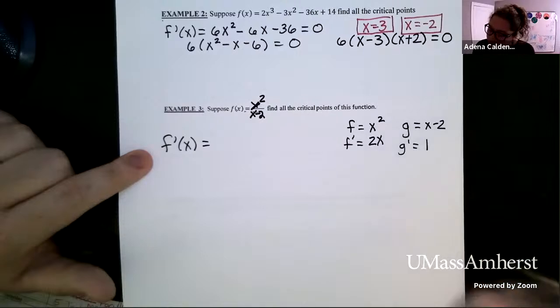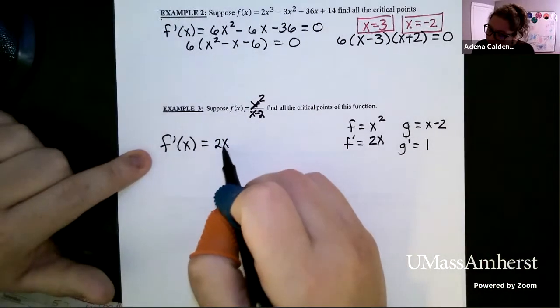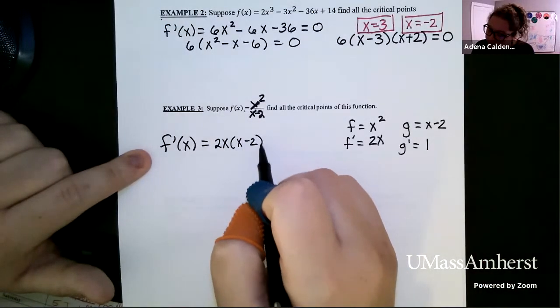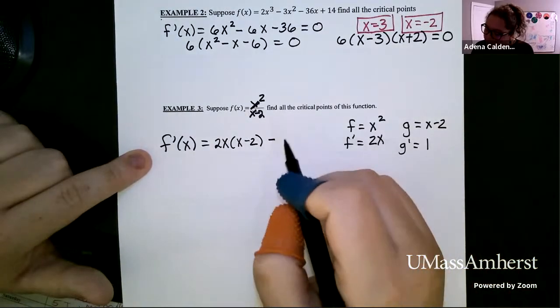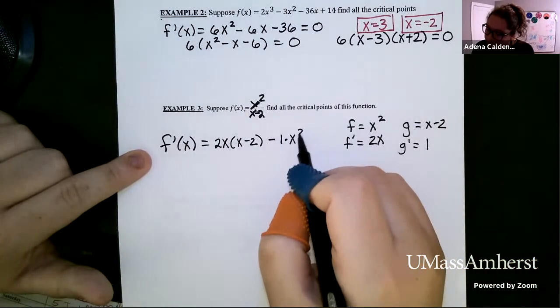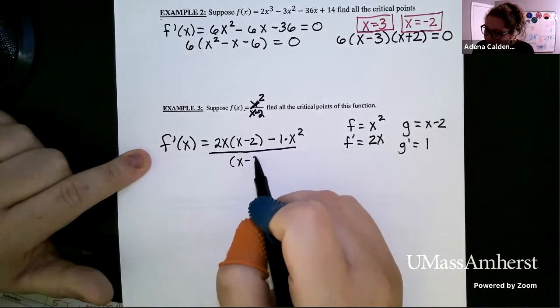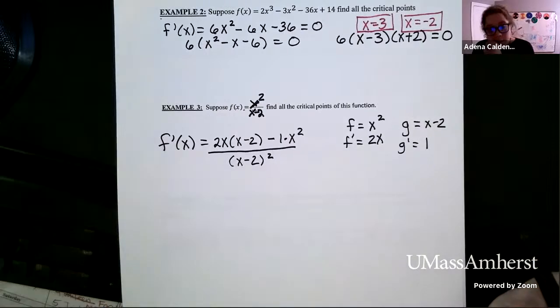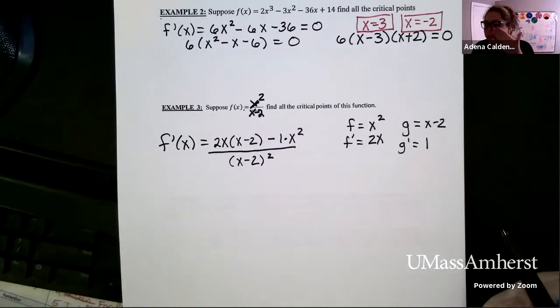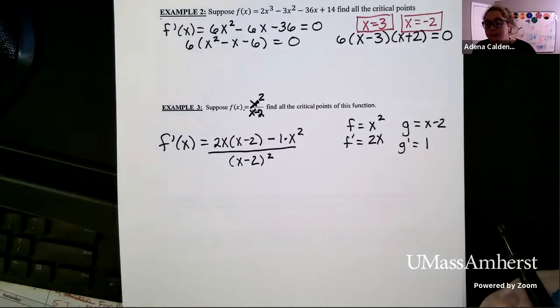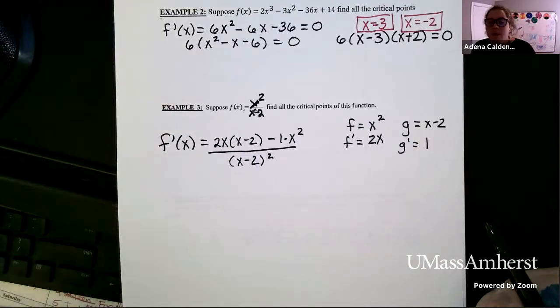So f prime times g. So I have 2x times x minus 2 minus g prime times f, all divided by g squared. Okay, now before we weren't super concerned with simplifying, but now we are, because now we want to use this derivative to solve.